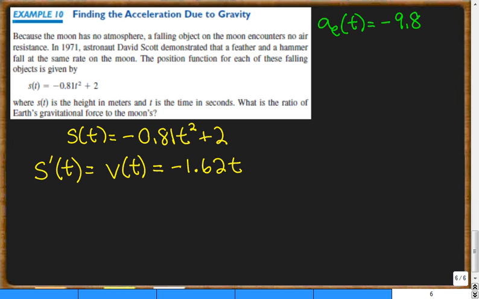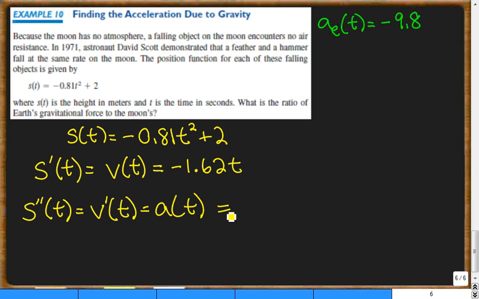So as time goes down, you are going down 1.62 more meters per second than you were before. Now, if we want to find acceleration, we need to do the second derivative, which is the first derivative of velocity, which gives us our acceleration. So our second derivative is just negative 1.62.